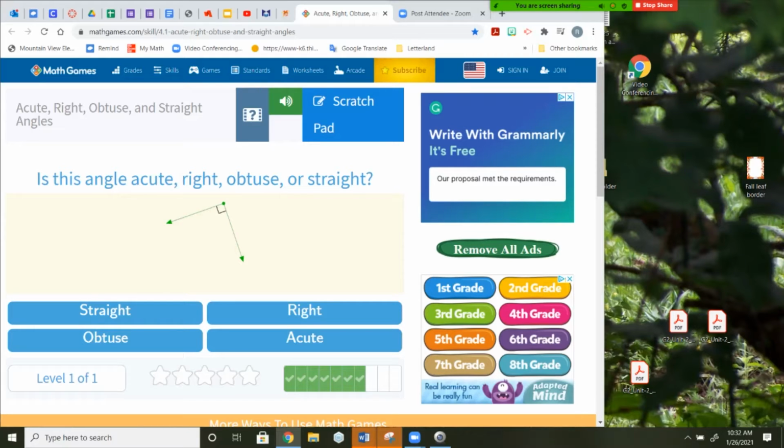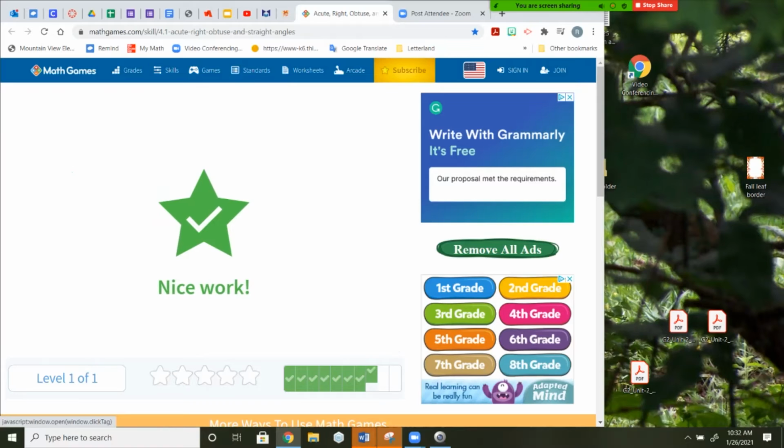So when you see that, that's a big clue of what kind of angle we're going to have. Are y'all still there? I am. Okay. Right angle. Remember when you see that square, that's a big clue to a right angle. So that's a right angle.